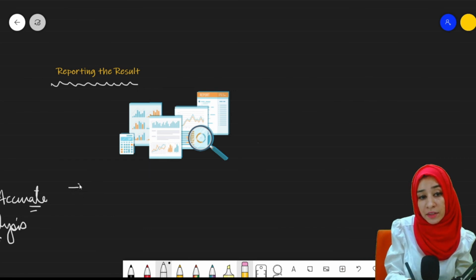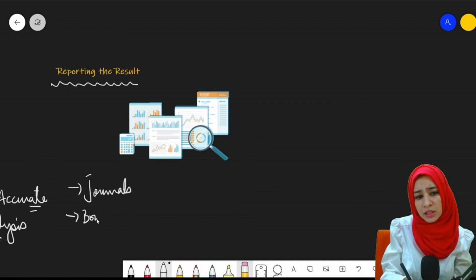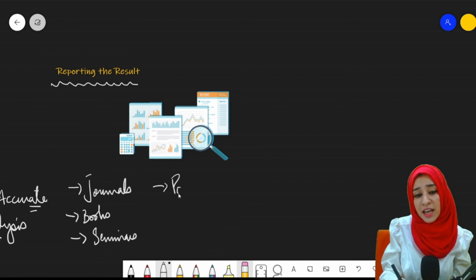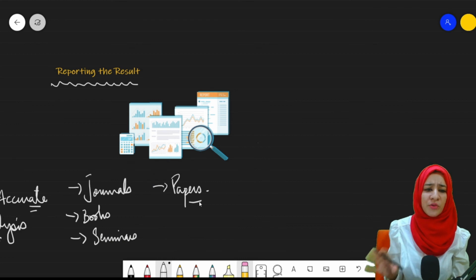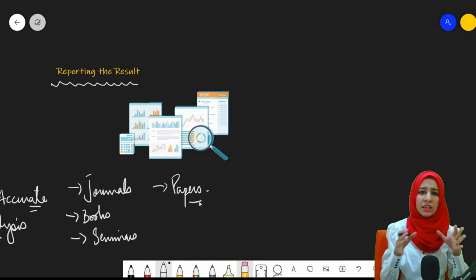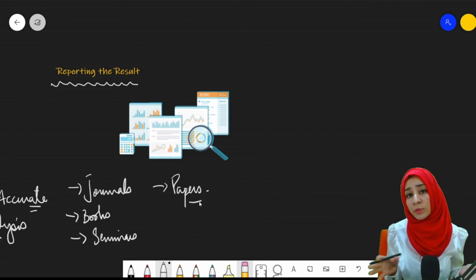What will happen? The result will be reported in the form of different journals. Books can be published, whereas different national and international seminars can be held, right? Papers can be published. There are a number of ways according to which these results can be reported globally.